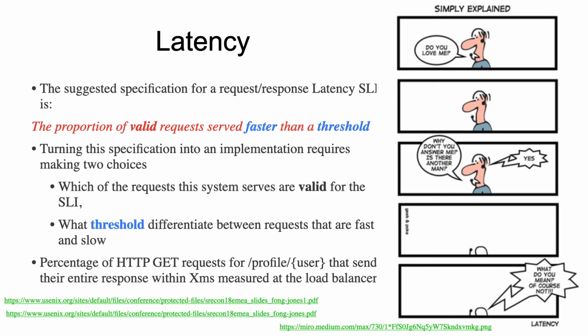Maybe the percentage of HTTP GET requests for a particular page that send the entire response within X milliseconds. See that page, for example /profile/user, likely has a picture associated, maybe a profile pic, which may take some time to load, and I am measuring that the total time to load is within that particular millisecond threshold at the load balancer. Now how do you choose the time? Maybe based on the business requirements, historical data, whatnot.